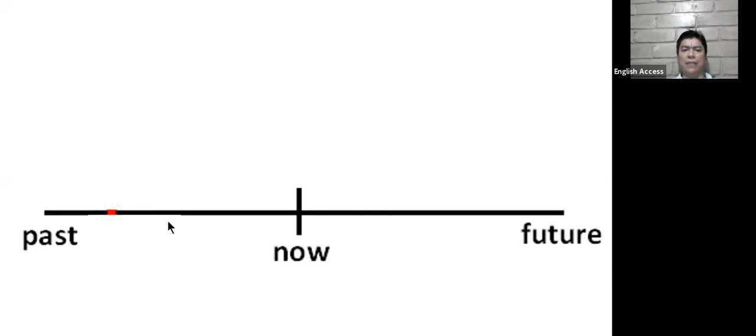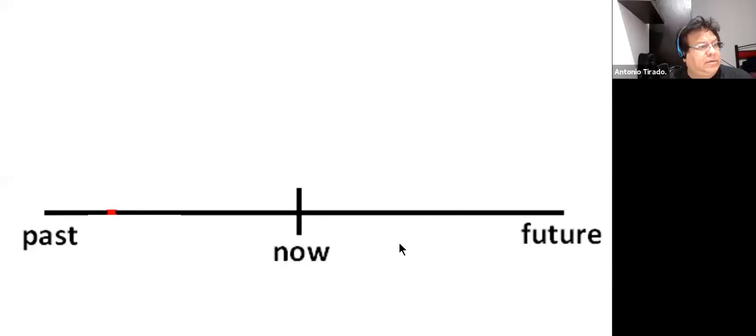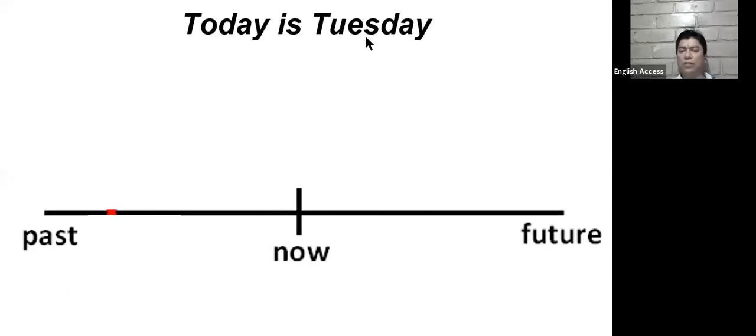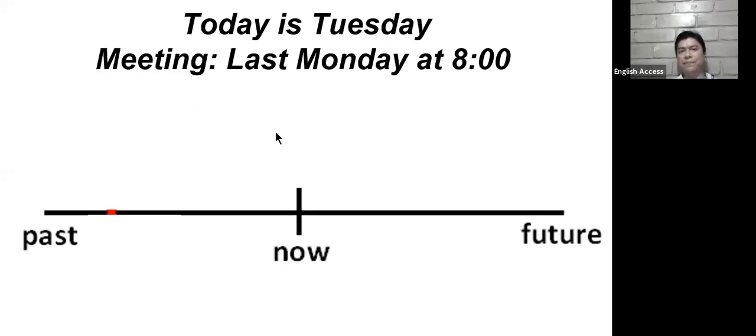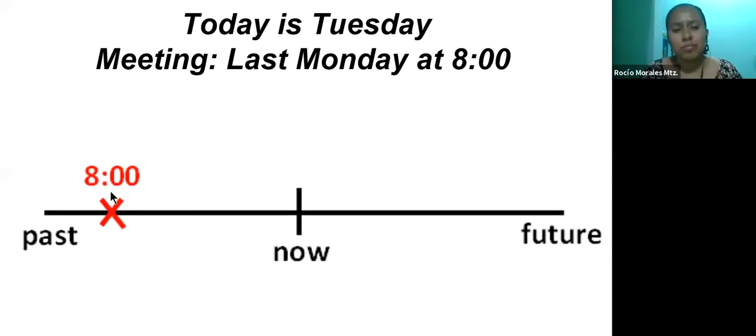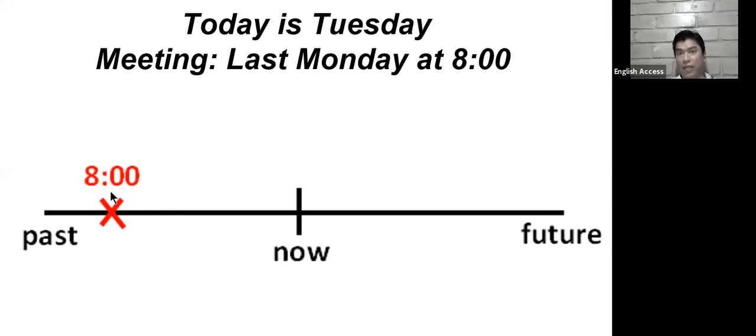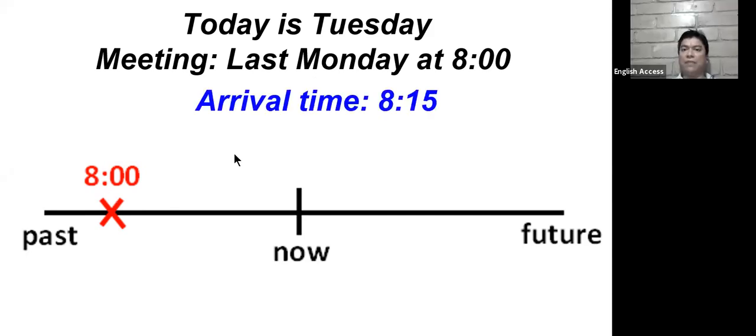This is a timeline. We have the past, now, and the future. Today is Tuesday, am I correct? Yes. Good, I was going crazy. Meeting last Monday at 8 o'clock in the morning. It's in the past because today is Tuesday. Arrival time, 8:15, like a good Mexican.